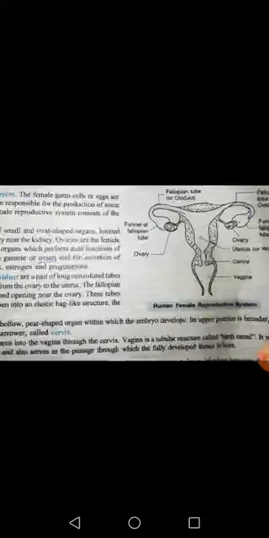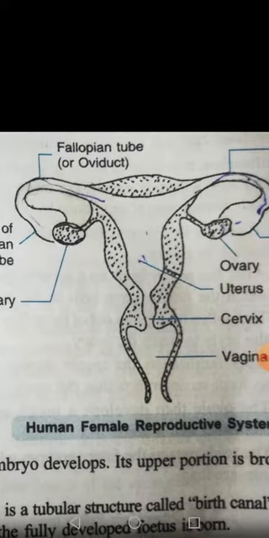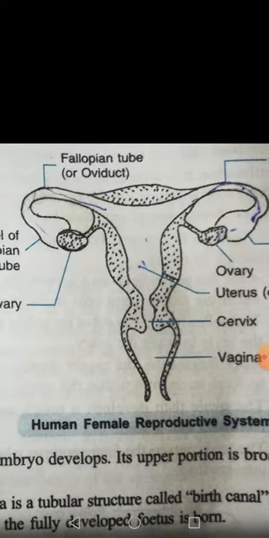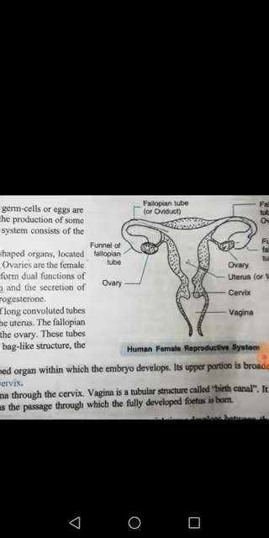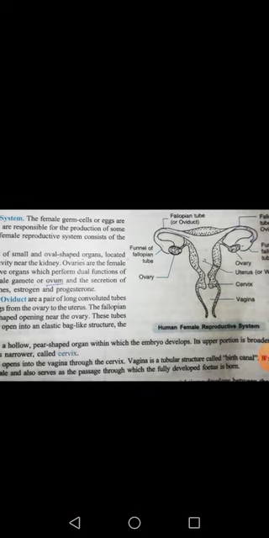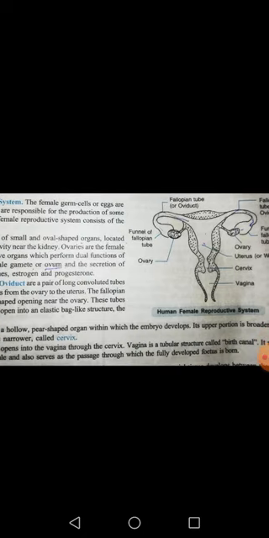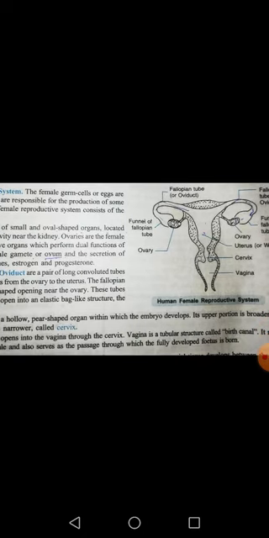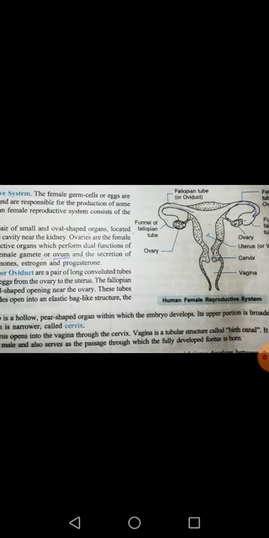If you observe its structure, here you can see that this is the structure of the uterus. It is clearly labeled here. You will find that its upper part is quite wider and the lower part becomes narrower, and it opens into a fine narrow portion, and this narrow portion is called the cervix. And finally the cervix opens into the vagina.